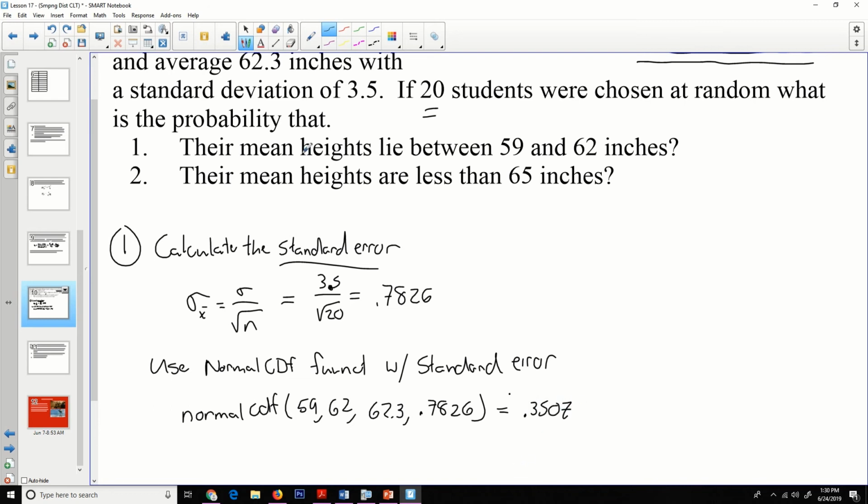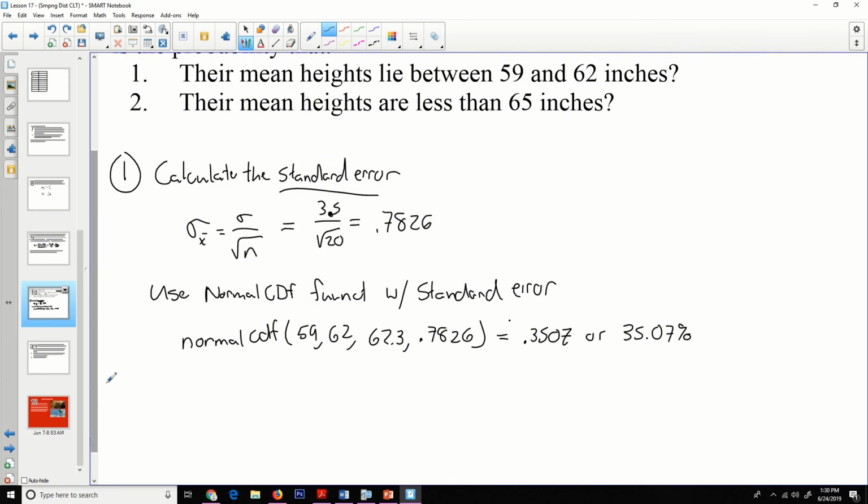That is the probability that the mean heights lie between those, or a 35.07% chance that they're going to lie in between those. For the mean heights less than 65 inches, we've already calculated the standard error. So for number 2, we're just going to again use the normal CDF.